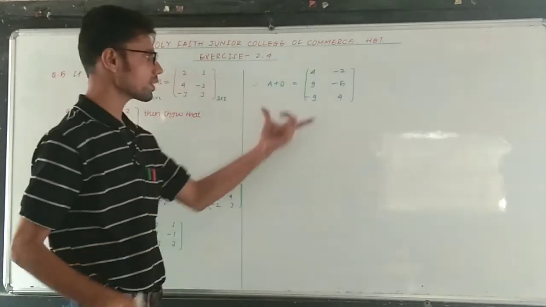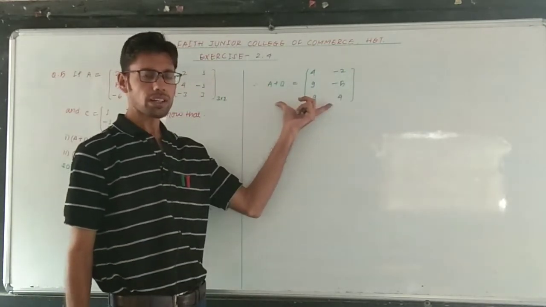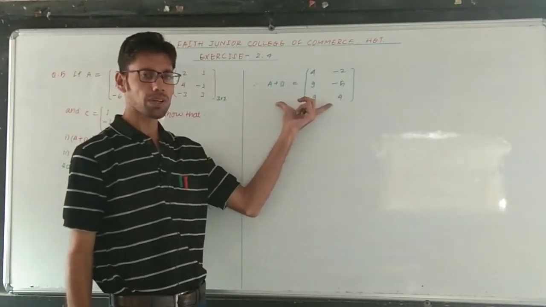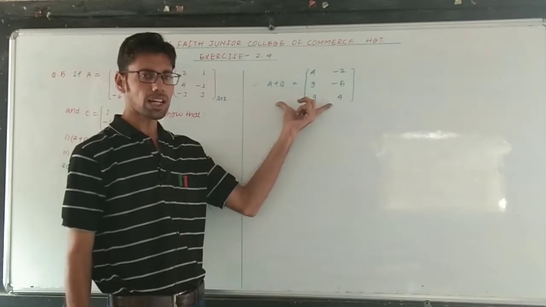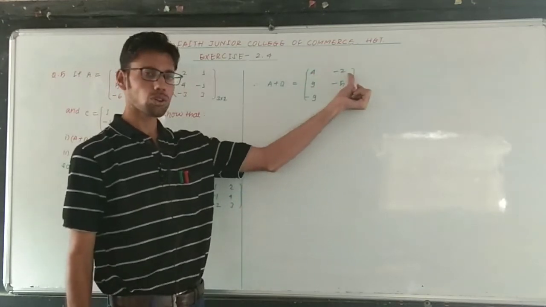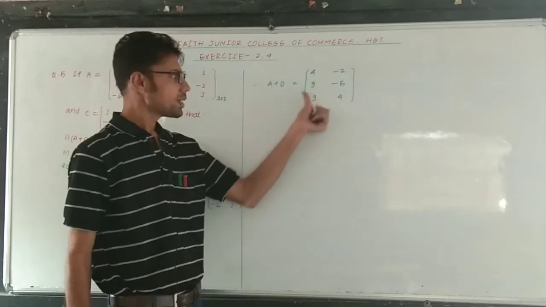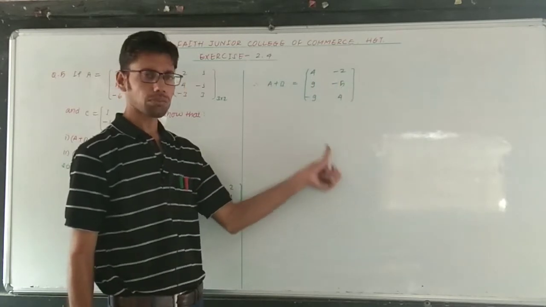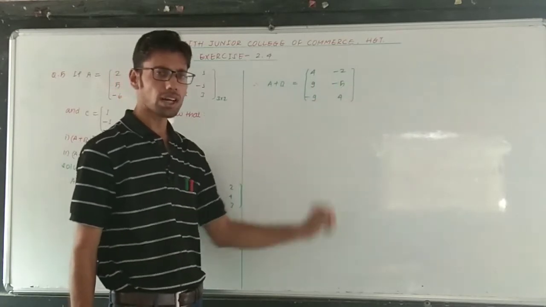Therefore A plus B is equal to this, but we have to find out the value of transpose of A plus B. For finding the transpose, we have to convert the first row into the first column, second row into the second column, and third row into the third column.